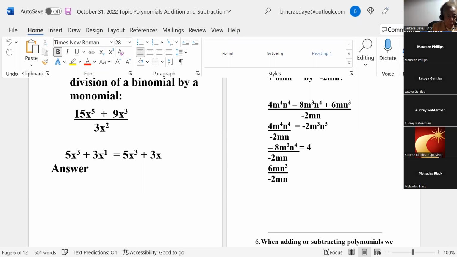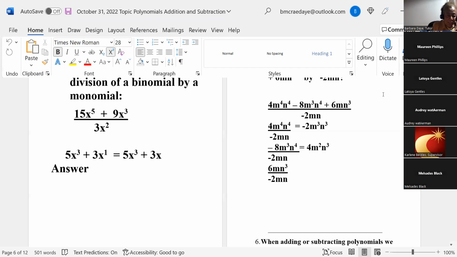That's right, just 4. Now let's do the m's. M to the 3rd divided by m to the 1. What does that give you? M to the 2nd. Excellent. So let's put our m to the 2nd, and n to the third power. Very good. 4 minus 1 is 3.